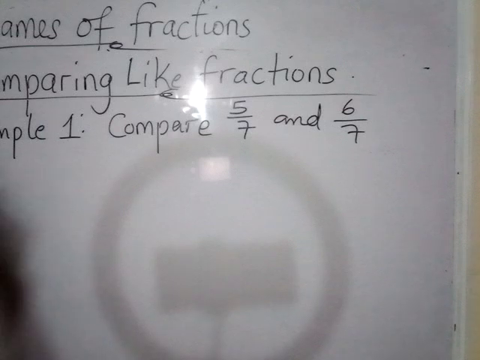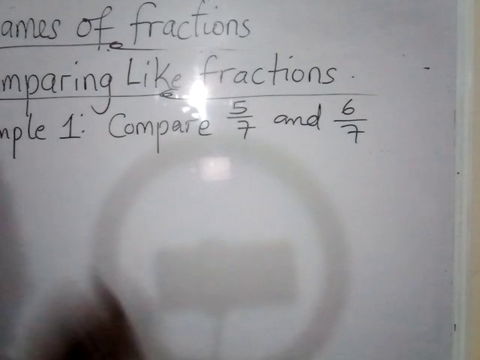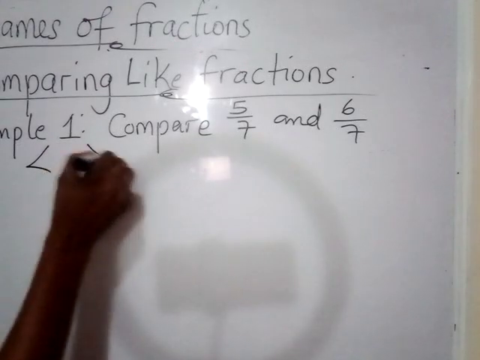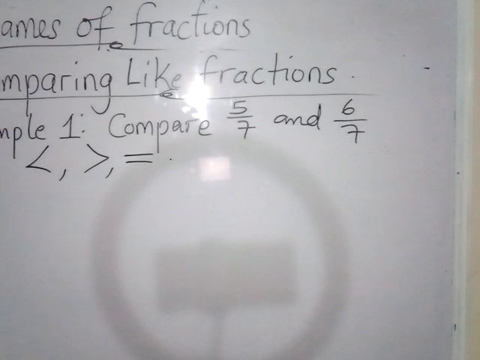So comparing them, you're going to check which of them is bigger and which is smaller. And remember, in our previous lesson, we looked at the signs for comparison: the less than sign, the greater than sign, and the equal to sign. We'll be using these in comparing our fractions.